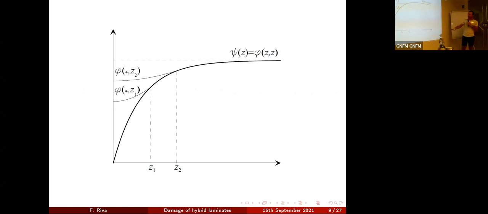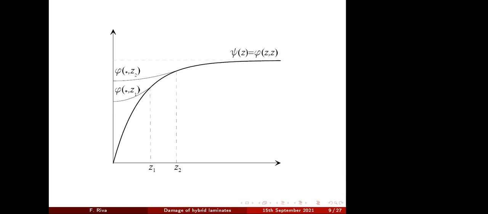Okay, to describe it, on the horizontal axis we have both variables, y and z. On the diagonal, namely when y is equal to z, the function phi, which we call c of z on the diagonal, is a concave, increasing and bounded function, so we have an asymptote, and this asymptote represents the toughness of the glue.